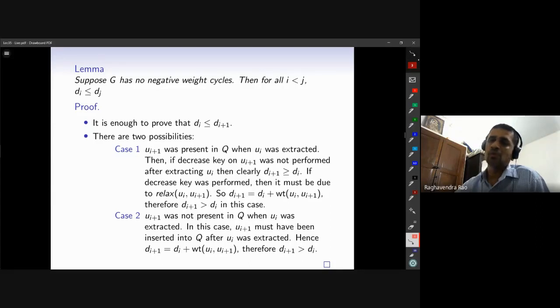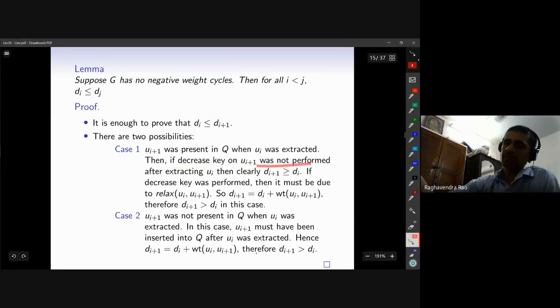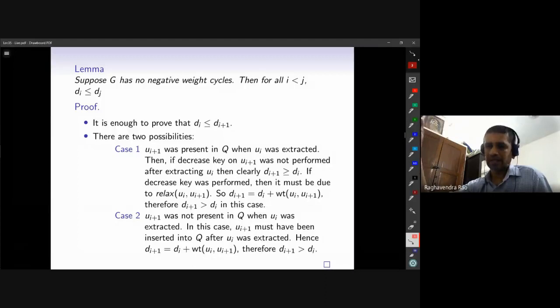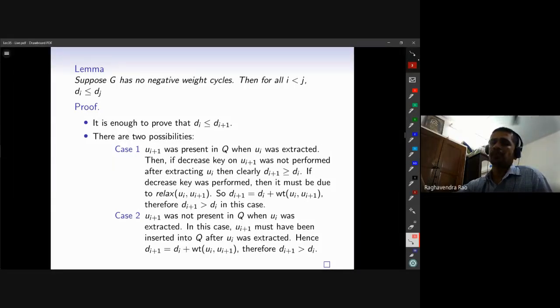So if ui plus 1 was present in the queue when ui was extracted, again there are two possibilities: either there was a decrease key or there was no decrease key. If there was no decrease key, then clearly di plus 1 is going to be greater or equal to di, because we got di through extract min when ui plus 1 was also present in the queue. So that means the weight of ui plus 1 will be at least as much as the weight of ui.